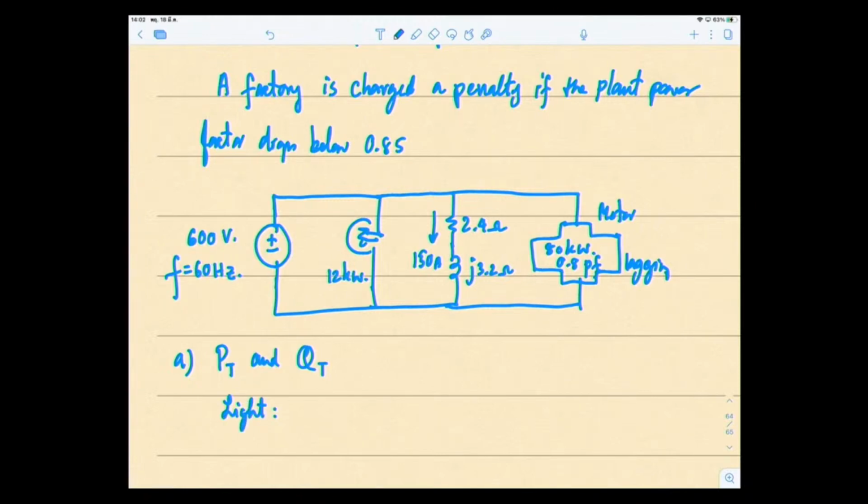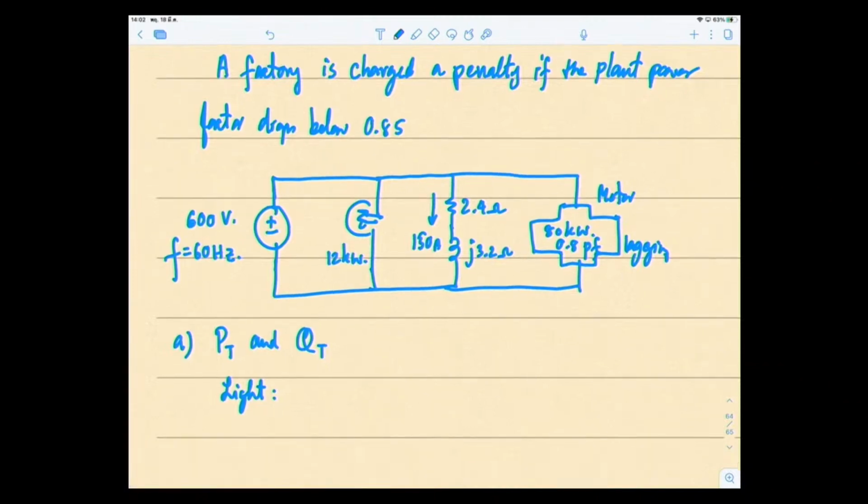The problem indicated 12 kW, and from the unit watt, you know that this value has to be the average power. So P1 equals 12 kW. If the question didn't give you any PF lagging or anything about the reactive power, you can assume that the reactive power in this case is equal to 0 var.